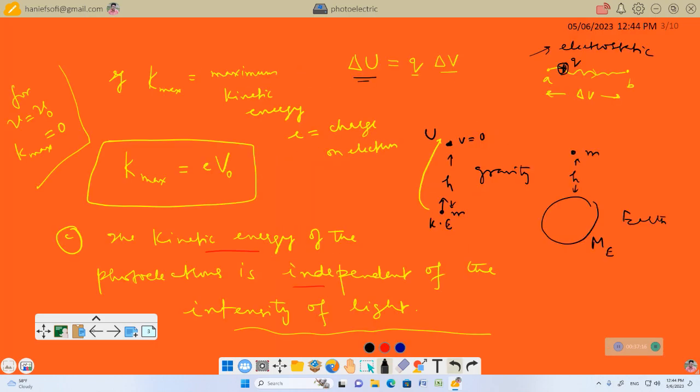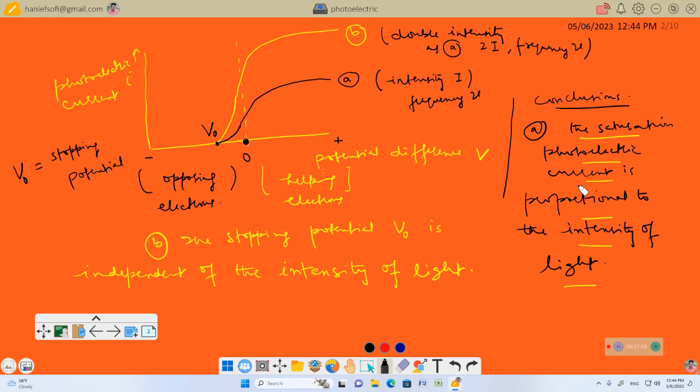We said that the saturation photoelectric current is proportional to the intensity of light. So doubling intensity means doubling the photons striking the metal surface, so double the electrons will be ejected. So saturation photoelectric current will double.